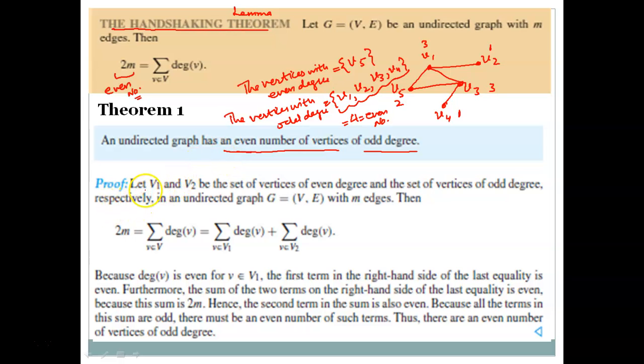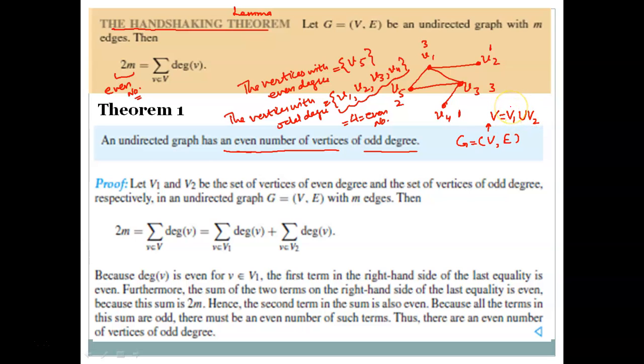Okay, so let us talk about a graph G = (V, E). Now V is the set of all vertices, and among those vertices, some vertices will be of even degree and some vertices will be of odd degree. So let us break this V in two parts, V = V1 union V2.